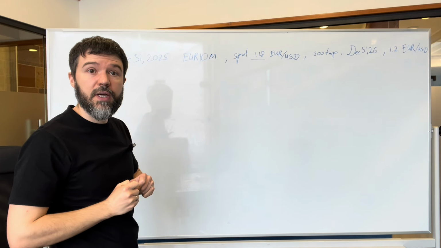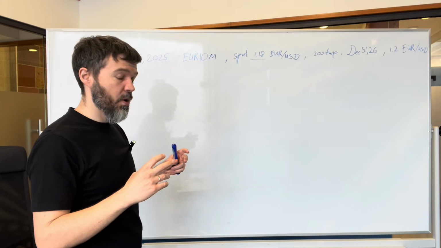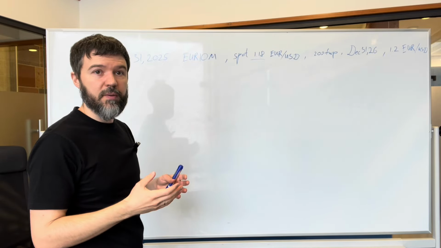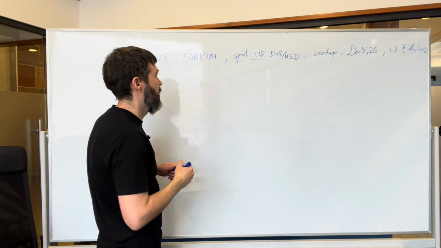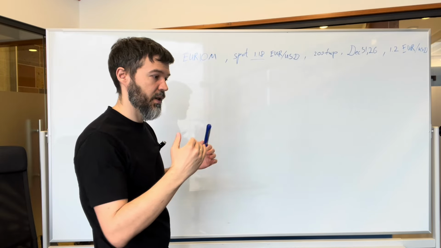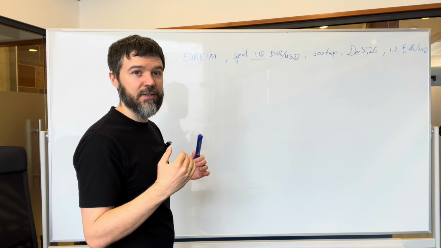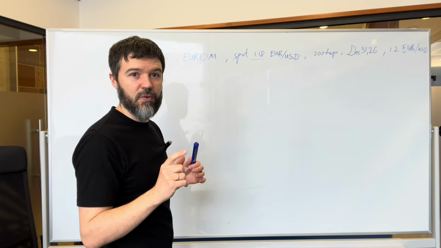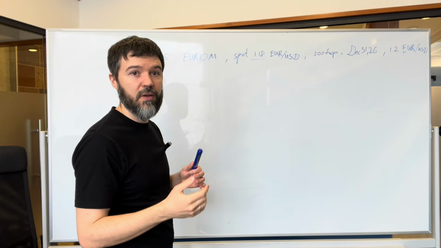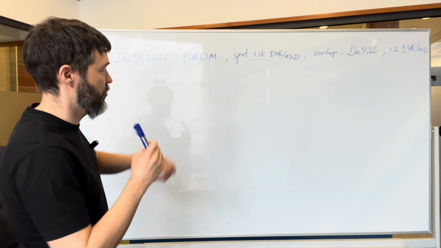In following videos I will try to add more practical examples here, because obviously bank sells you currency at one rate and buys that currency at a different rate. This is called bid-ask spread. So in that way, bank can make profit. But let's assume this pure simple example.